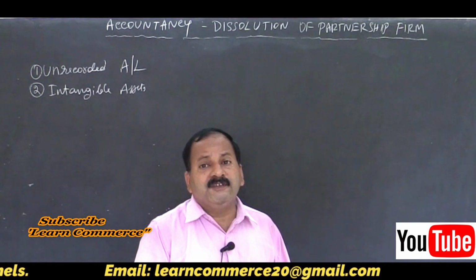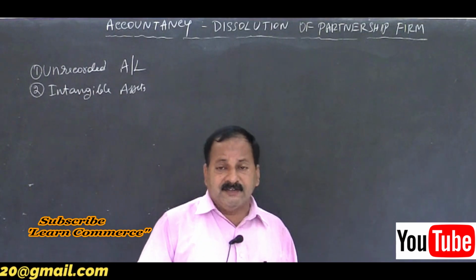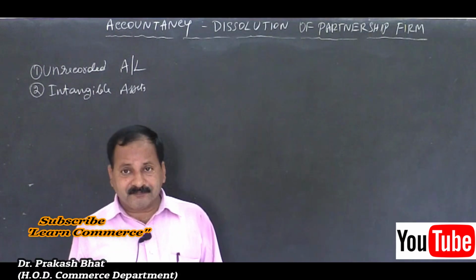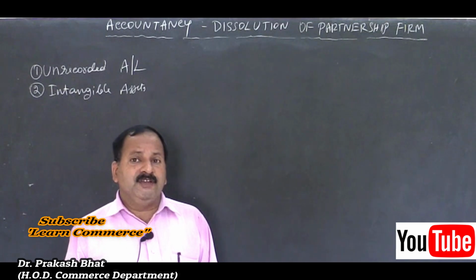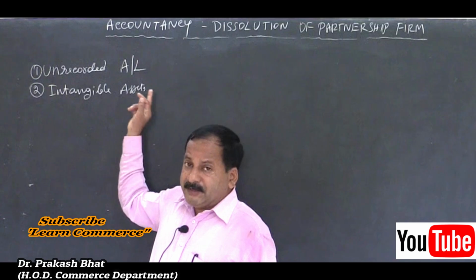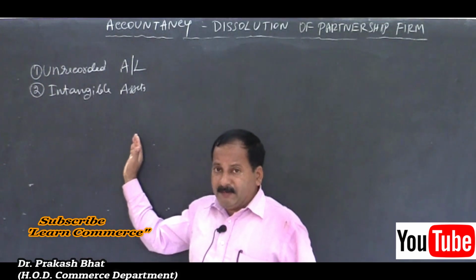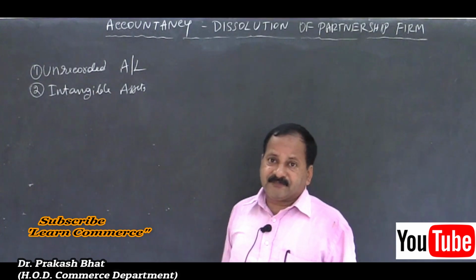So if those assets, patent or goodwill, are there in the balance sheet, then you have to transfer them to realization account on the debit side along with other assets.